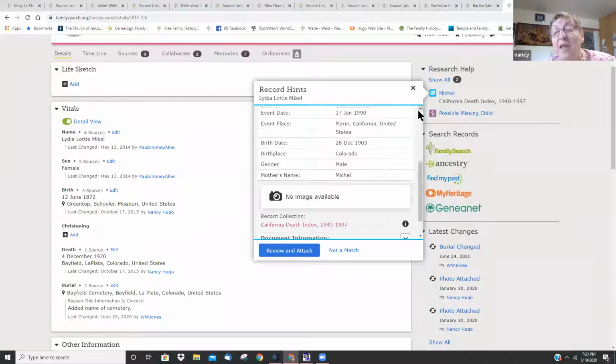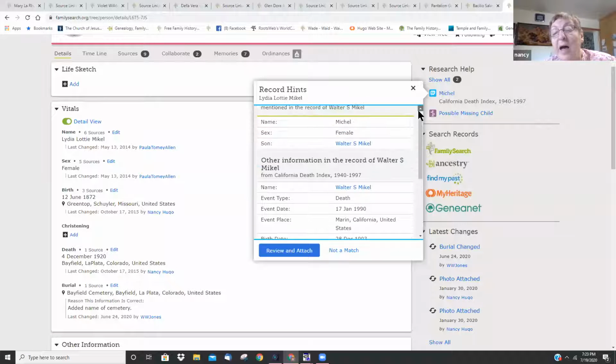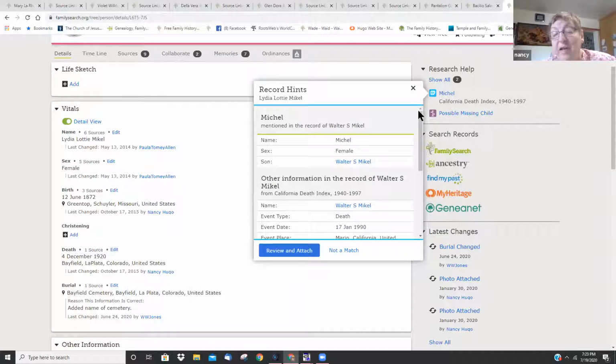Apparently, whoever gave the information to the death certificate knew that there was a different name, different spelling, and so they spelled it that way, but did not list her first name. But this is the hint. And so I'm just going to show you how to attach it.